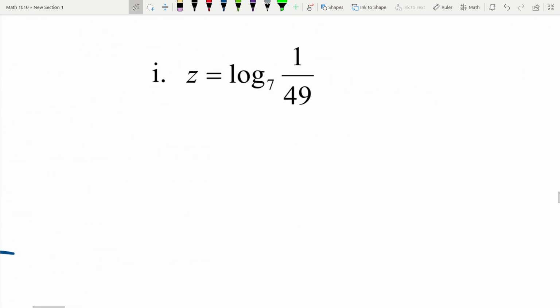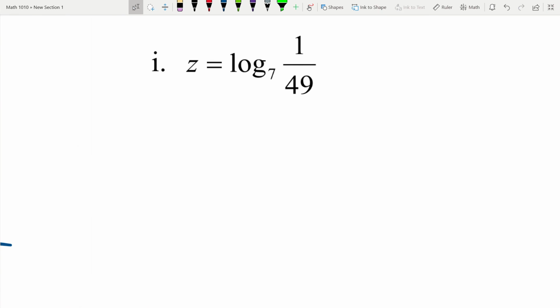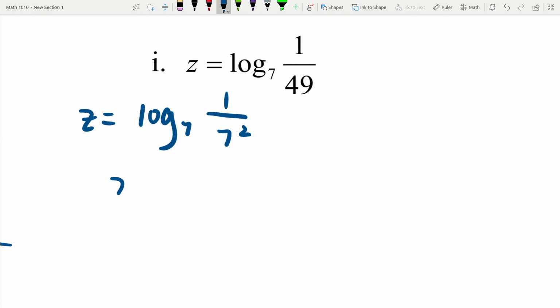Okay, question I. What do you notice? What number is sticking in your head right here? 7s. Yeah. So this is going to be log base z equals log base 7 of 1 over, how should I write 49, everybody? 7 squared. Right? Now, that 7 squared can't be on the bottom.